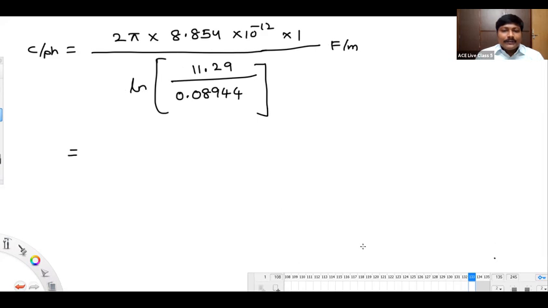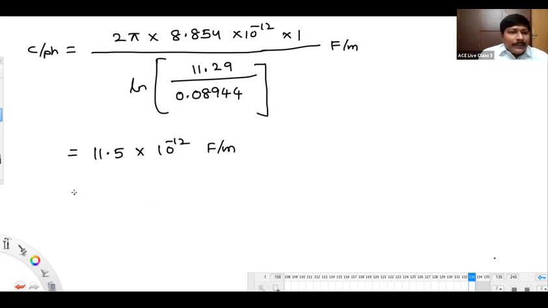How much capacitance? It will come to about 11.5 into 10 power minus 12 farad per meter.